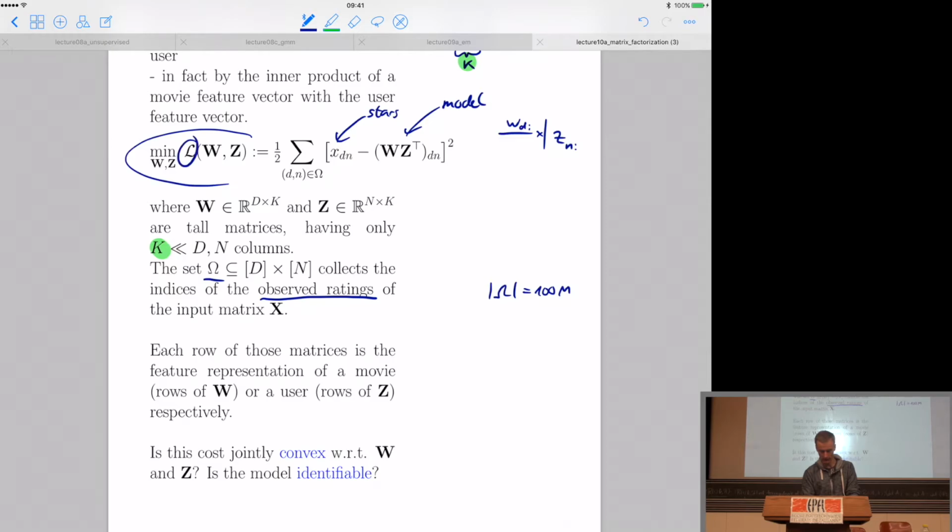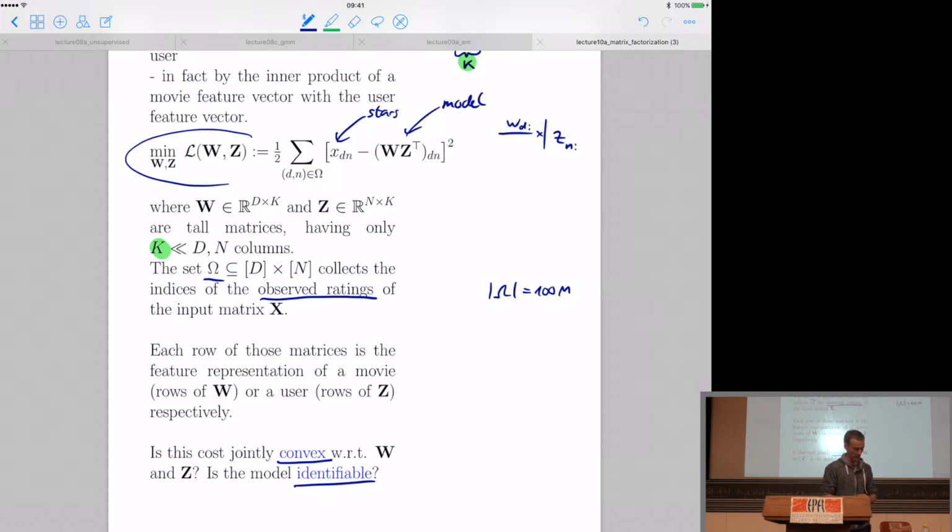What you could ask now is, this cost function L, is it actually convex? And is it identifiable? We had this discussion before. That means, is there a unique model? Is there a unique W and Z which will maximize or minimize it?